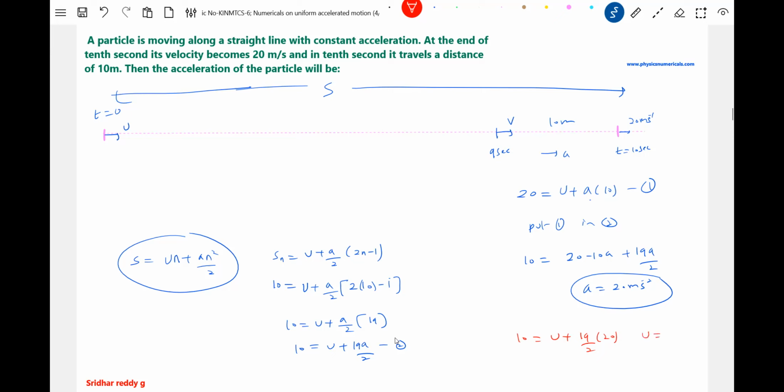So U is equal to how much? This will be 10 minus 190, so U will be minus 180. That value of U you substitute here, then A, then calculate, you'll get the distance.